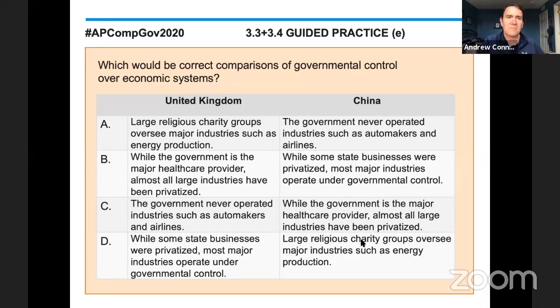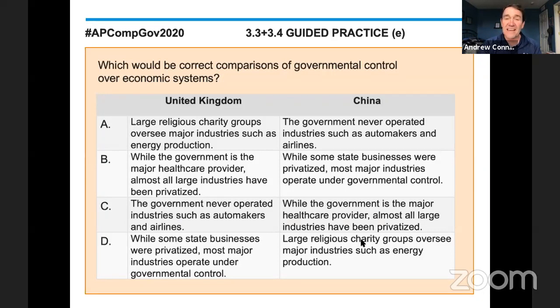We got one more comparison between governmental control over economic systems. I was mentioning this before, the difference between Thatcher in the 1980s and Deng Xiaoping in the 1980s.